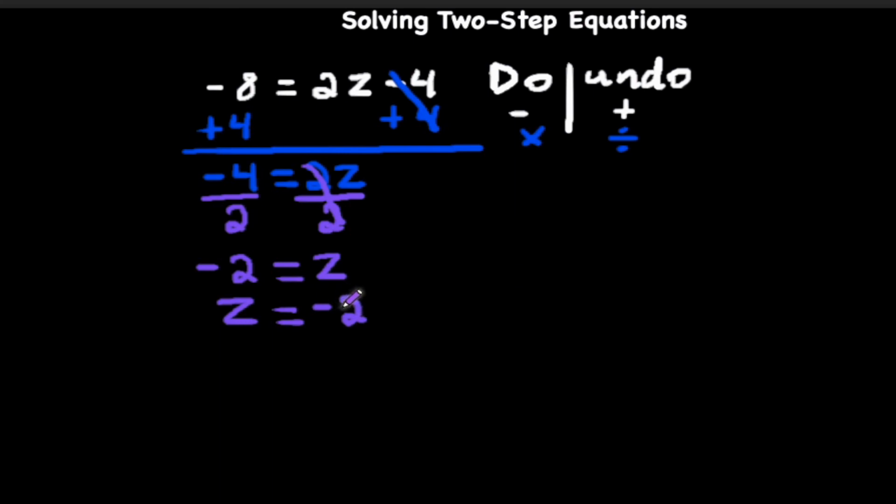So now let's plug this negative 2 back into the original equation. So we have negative 8 equals 2 times negative 2 minus 4.